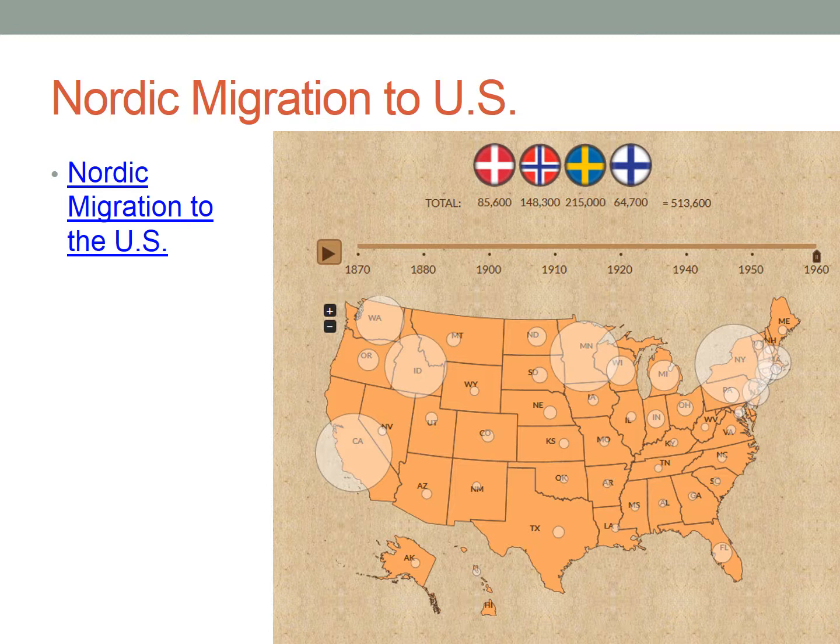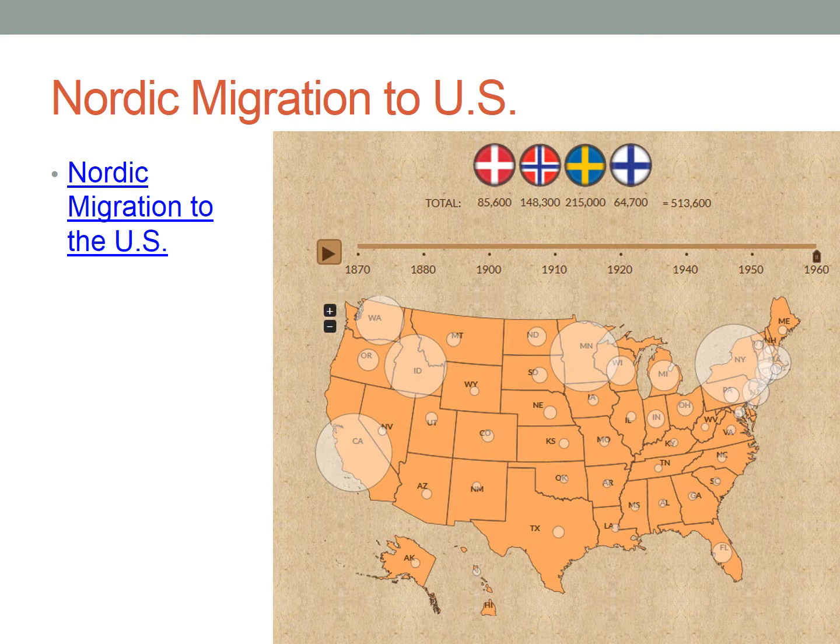So, relatively speaking, the northern border states like Minnesota, Wisconsin, Idaho, they don't have as big a population. So, why do they have such a large northern European population? And this was largely driven by chain migration, especially to Minnesota and Wisconsin. Those areas, very much driven by chain migration.